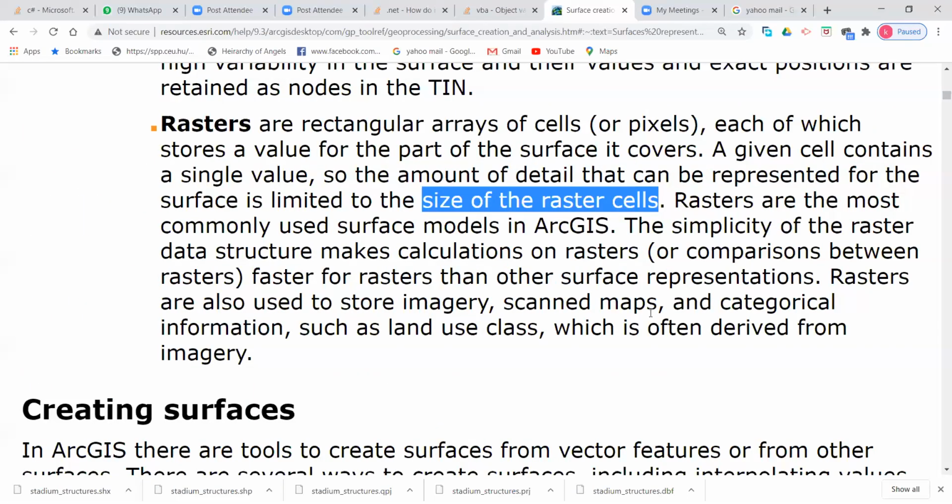Okay, so we said that a given cell contains a single value. Remember when I drew those squares to explain the raster model. The amount of detail that can be represented for the surface is limited to the size of the raster cells.